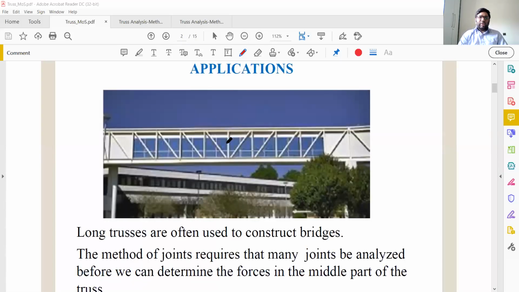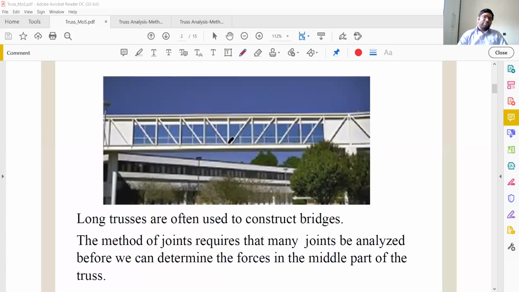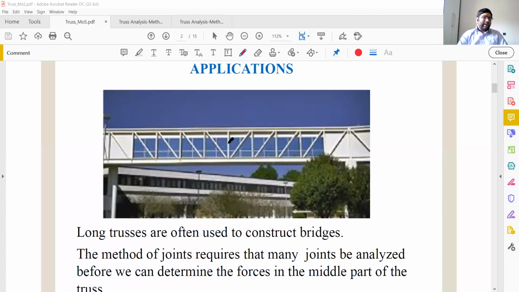Okay, so now many of you might have a doubt about where exactly we can use this method of sections.